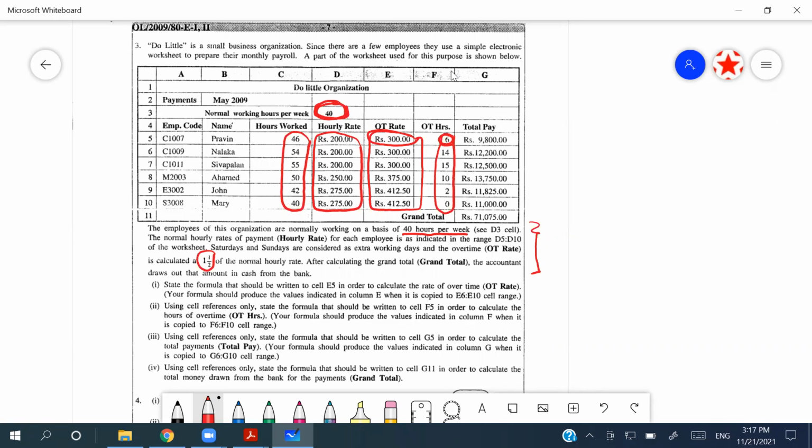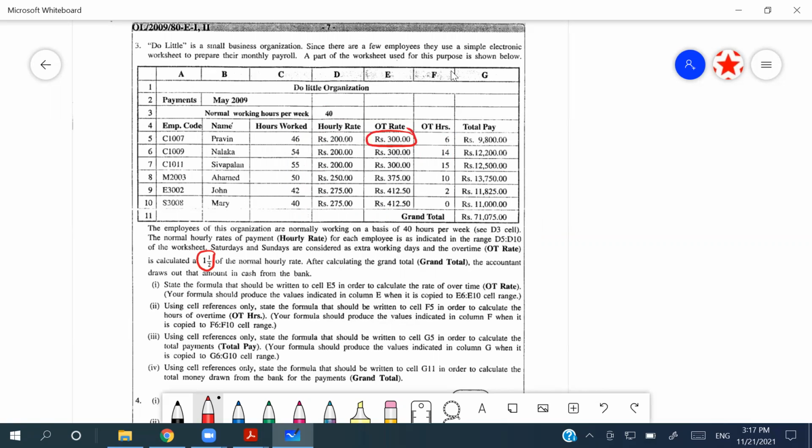So the first question they're asking is, state the formula that should be written in cell E5. Cell E5 means the cell right over here, in order to calculate the rate of overtime, right?